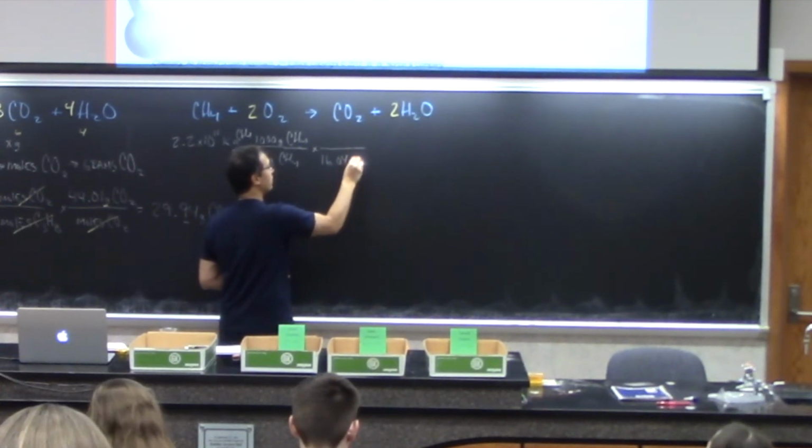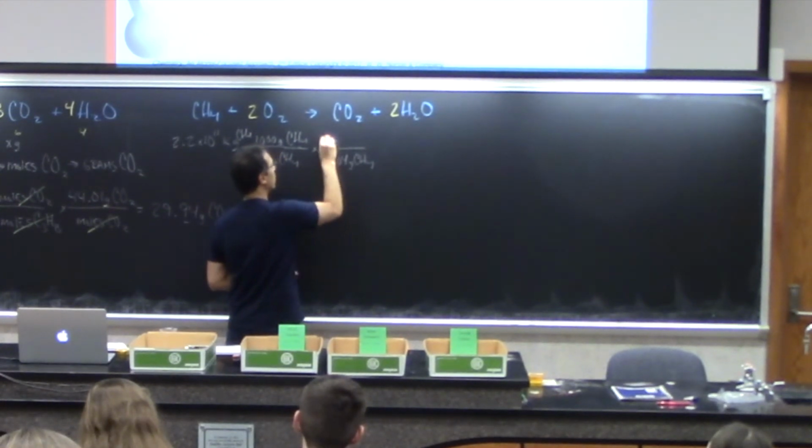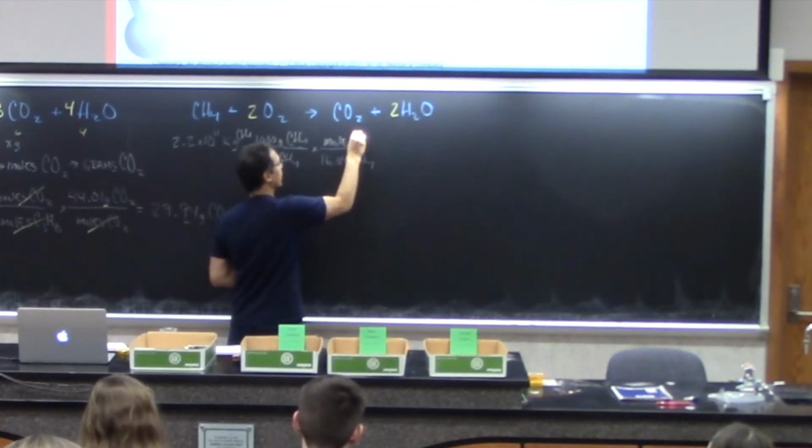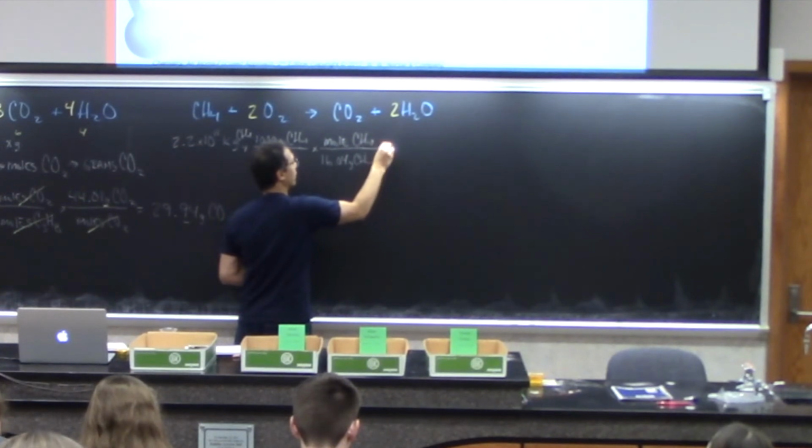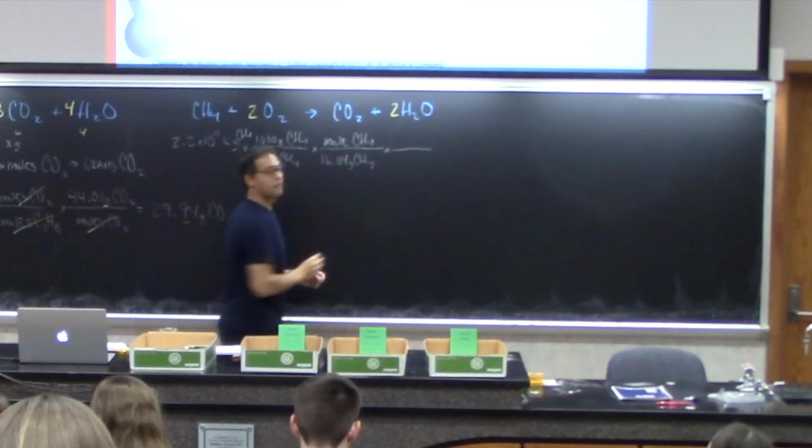16.04 grams of methane per mole of methane. Okay.